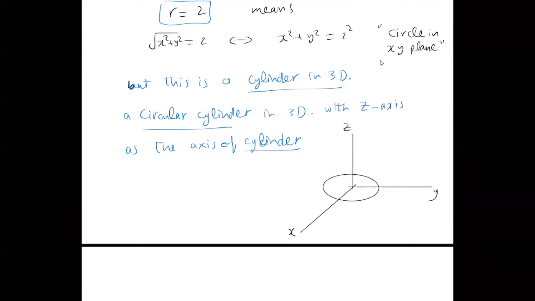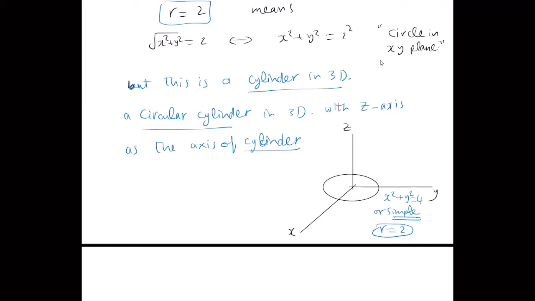So this is x squared plus y squared equals 4, or simply look at the equation. It's very simple in polar coordinates. Now in cylindrical coordinates, r equals 2. That's it. Very, very simple equation.